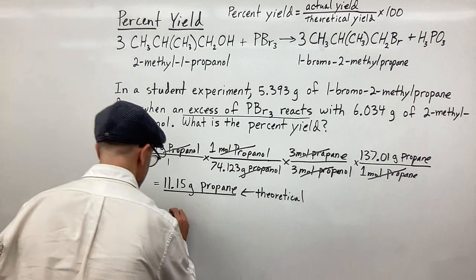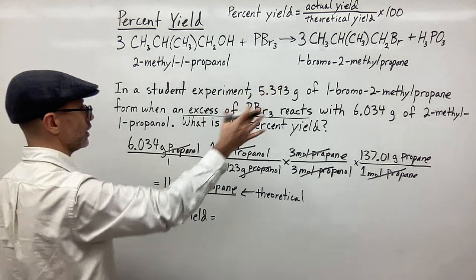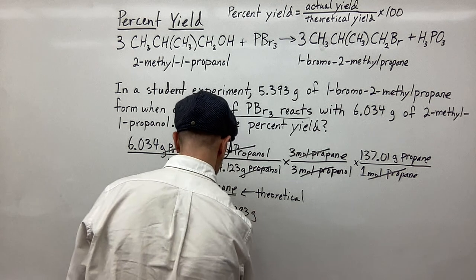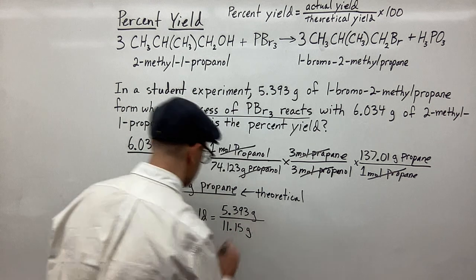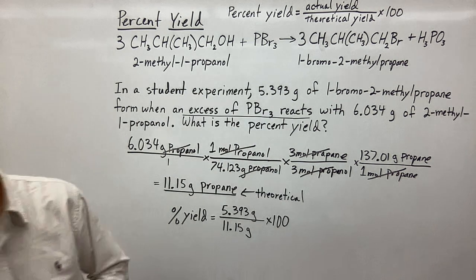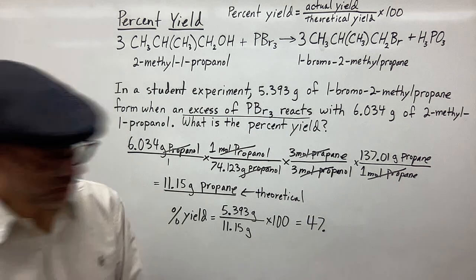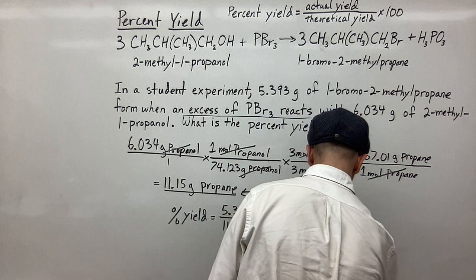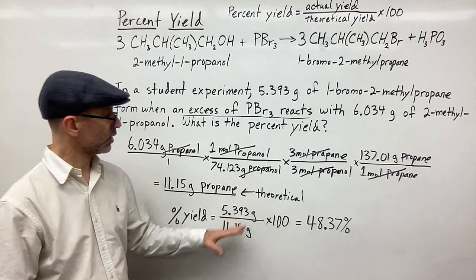So to find the percent yield, percent yield is going to be equal to the actual yield, which is the 5.393 grams, divided by the theoretical yield, which is 11.15 grams, and we're going to multiply that by 100, and we get 48.37%.